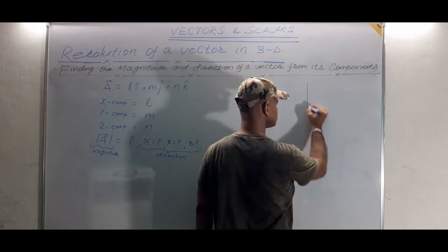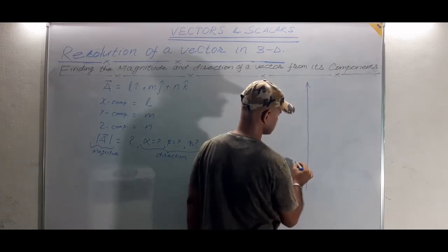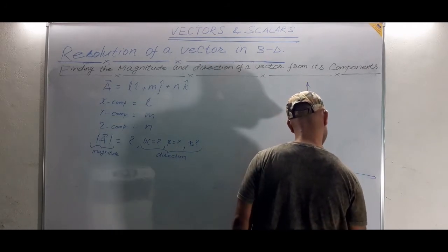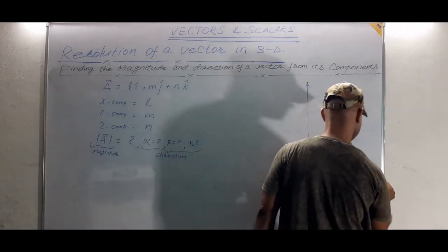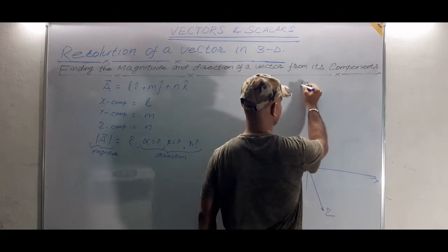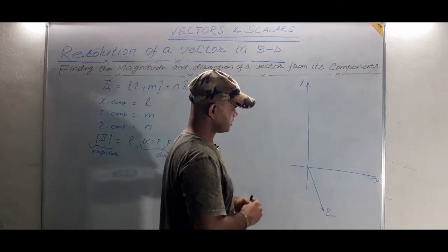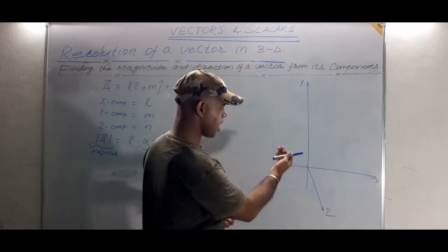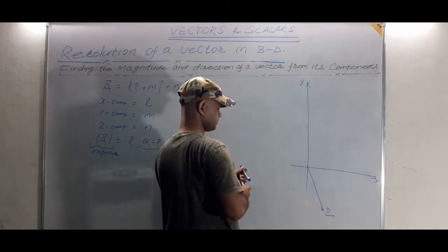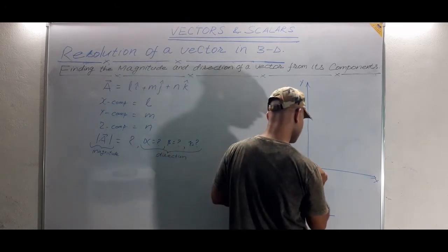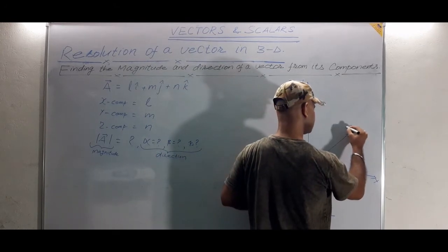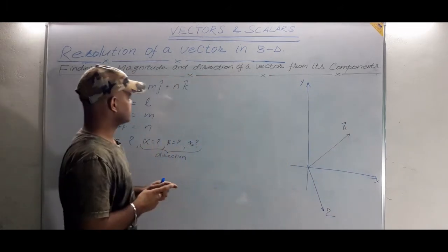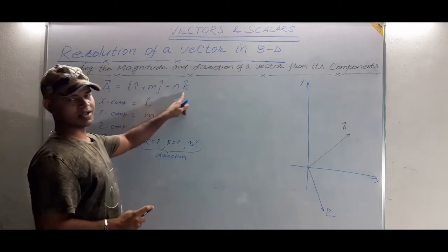See here, this is my y-axis, this is my x-axis, and this is my z-axis, z, x and y, right? This z-axis is out of the plane of the board, perpendicular to the plane of the board, outwards, that is positive. This is my vector, let's say a vector, and a vector is Li plus Mj plus Nk.